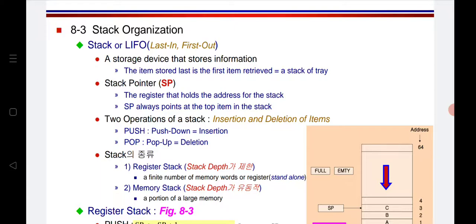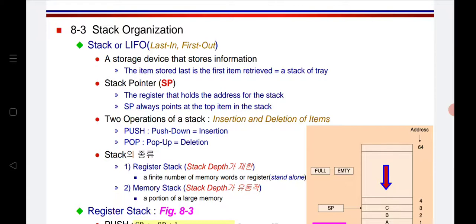That is known as last in, first out. It is a storage device where the item stored last is the first item retrieved, equal to a stack of trays.